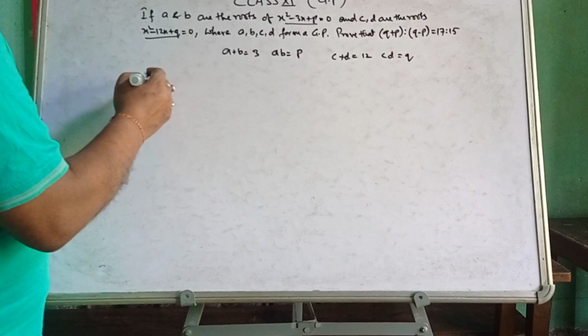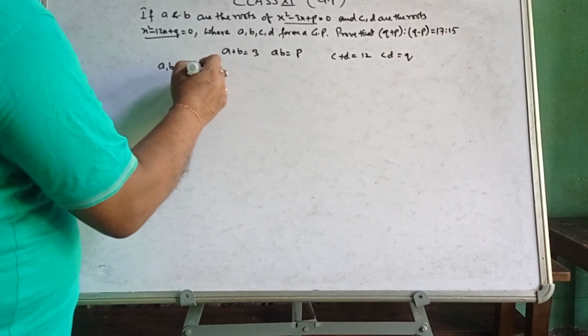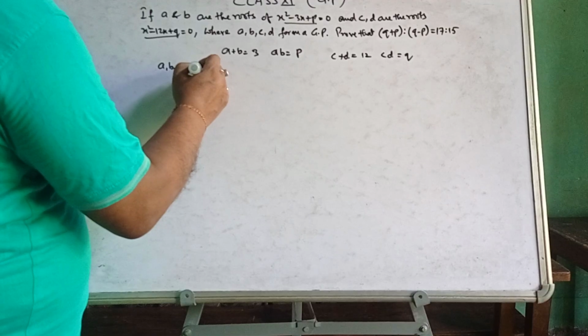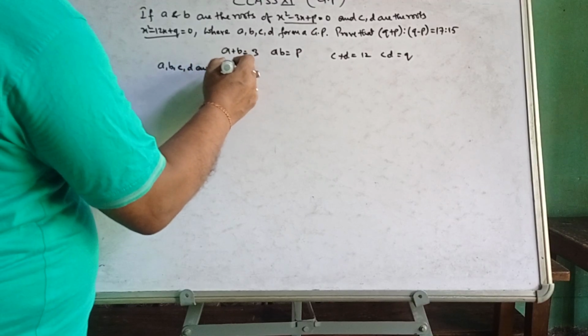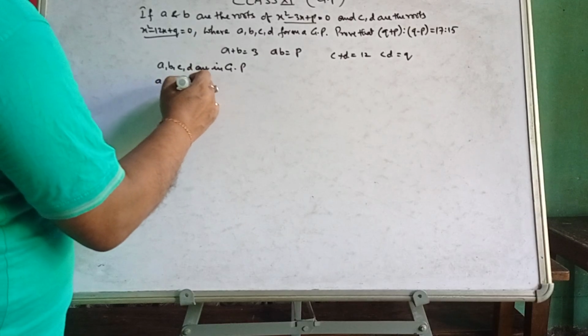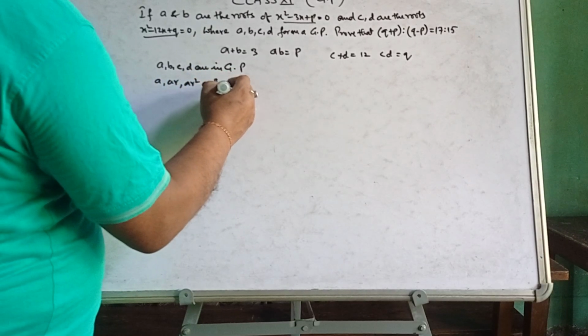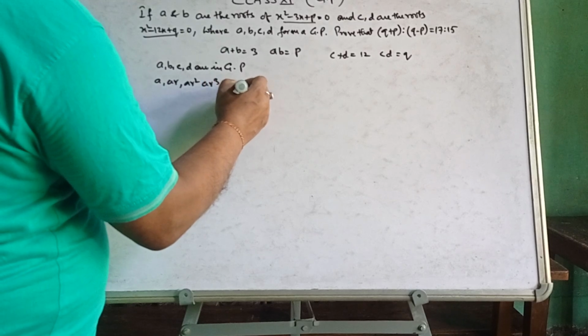Now your a, b, c, d are in GP. So that means a, ar, ar square, ar cube are in GP.